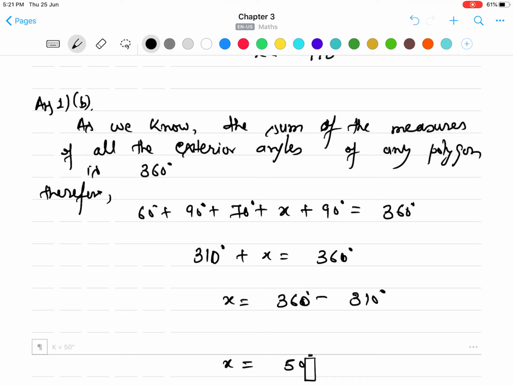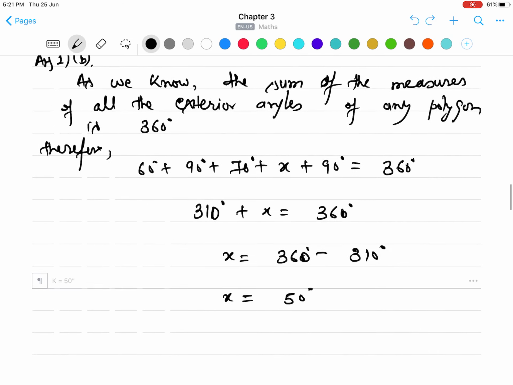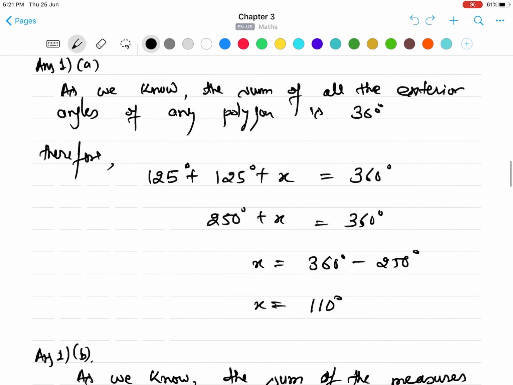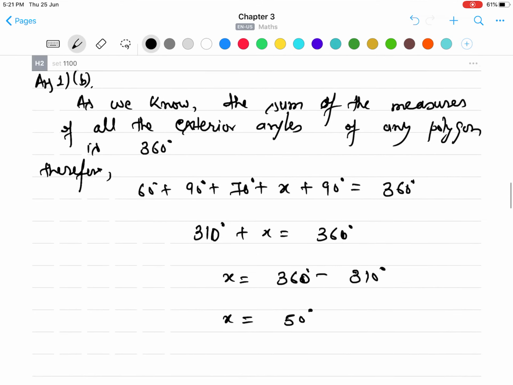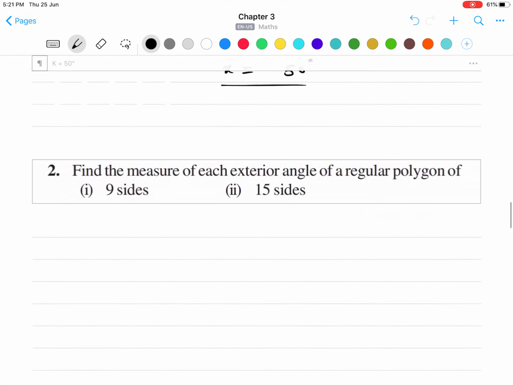So that's our answer for this part. That's the solution of question number 1. In part A, x is equal to 110, and in part B, x is equal to 50 degrees.